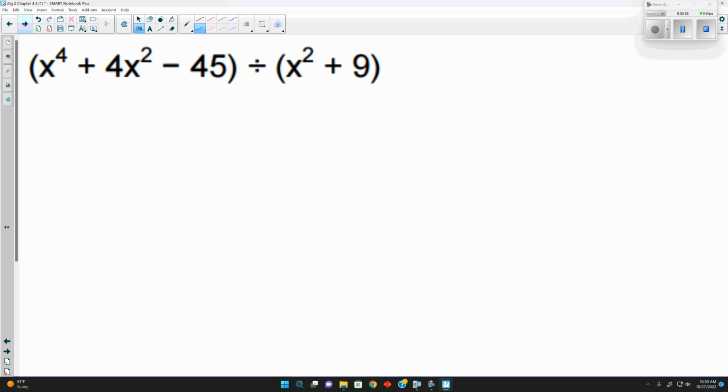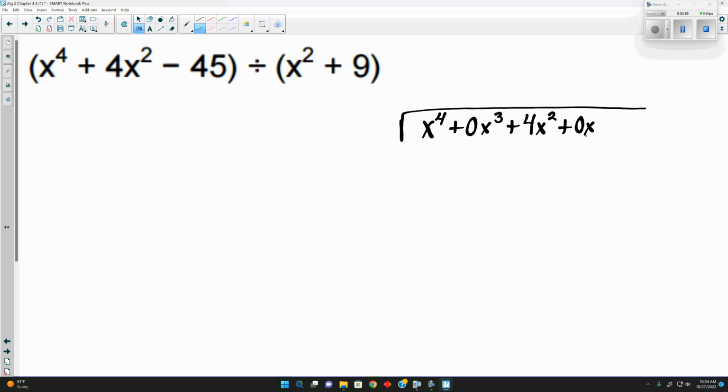This is the last one we'll look at today, because I feel like y'all are getting the hang of how these work. Inside here, we'll start off with x to the 4th. But we don't have an x to the 3rd, so we can add it in as plus 0x cubed. We do have an x squared.